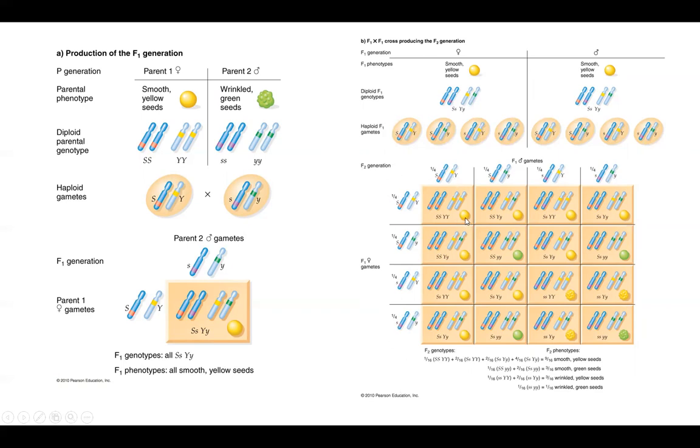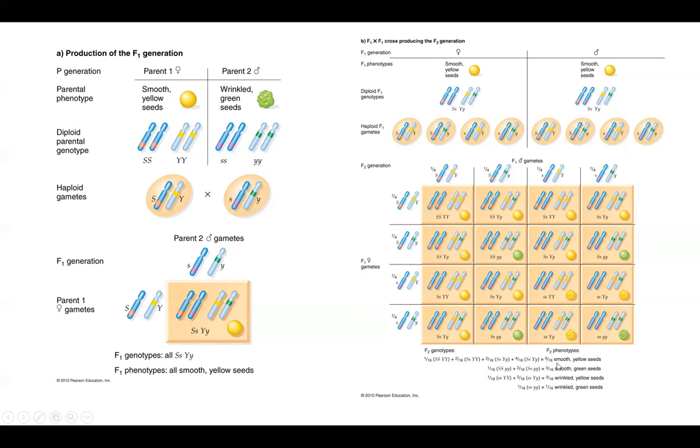Then, oh my gosh, I tired myself even looking at this. Then you have to say, okay, big S, big Y, dominant, dominant. Big S, big Y, little y. And at the end, you're like, why am I even doing this? And you can get particular ratios for this cross.